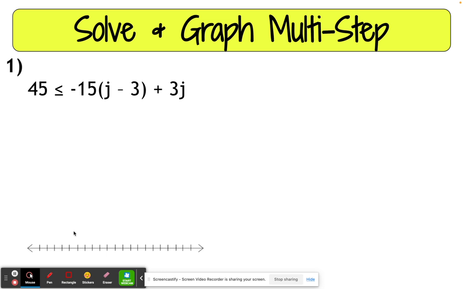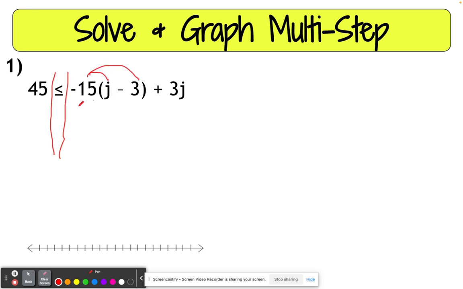Let's do another one. I have 45 is less than or equal to negative 15 times quantity j minus 3 plus 3j. I'm going to draw my lines down. And the first thing I'm going to do, feed my birds, or distribute.